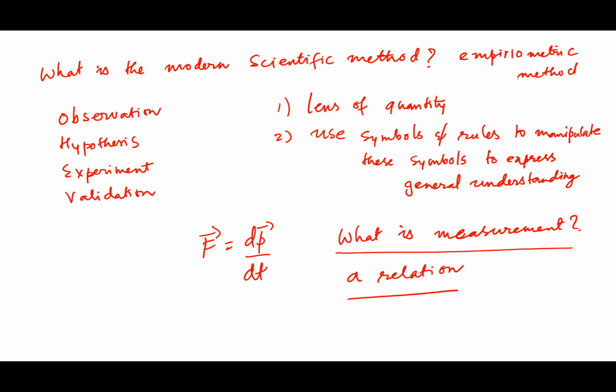Let's say this ruler unit is R. Then I say the length of this table is 2 Rs. Are you following me? So when I say the length of this table is 2 Rs, what I mean is this table is twice as long as the ruler. So it's a relationship. So measurement is a relationship. It's an analogy to number.